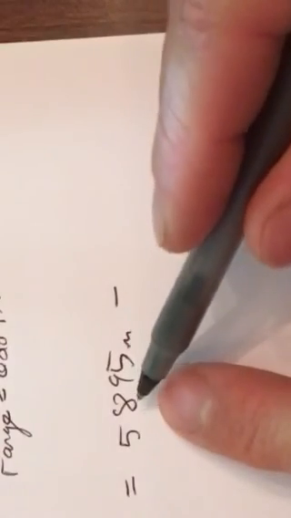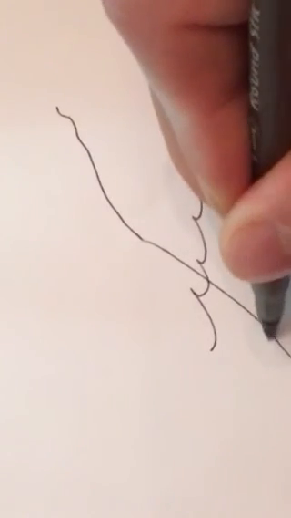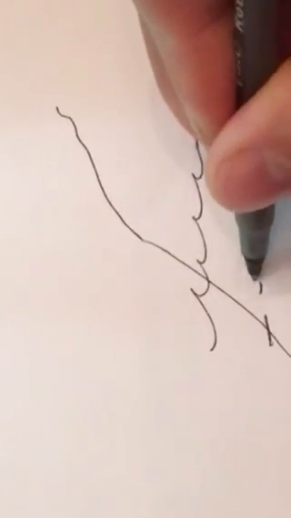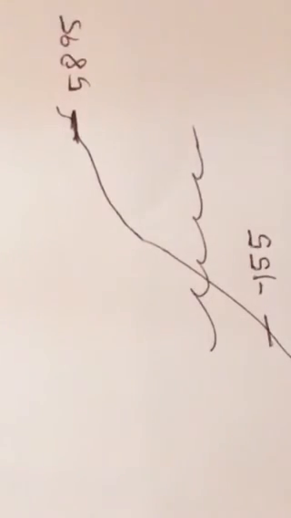The difference between 5,895 and negative 155, you have to actually picture, right? Like Jane and Jim, here's our water level. Jim is down at negative 155, and Jane is up here at positive 5,895.